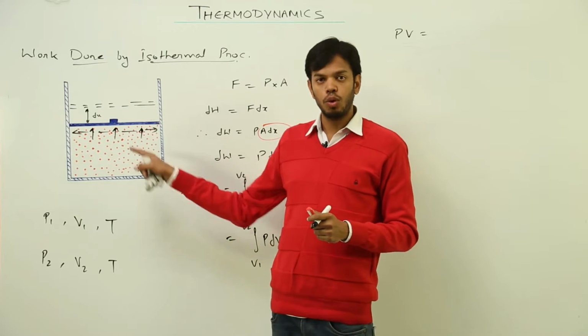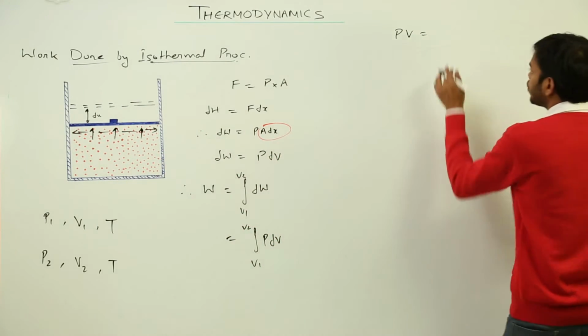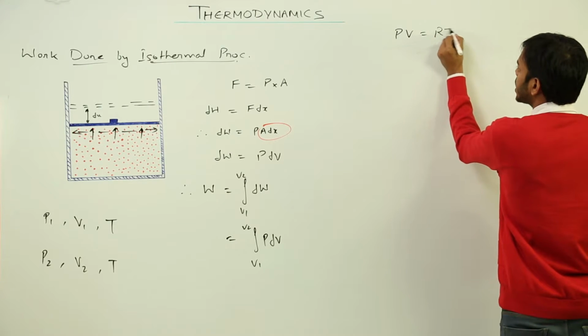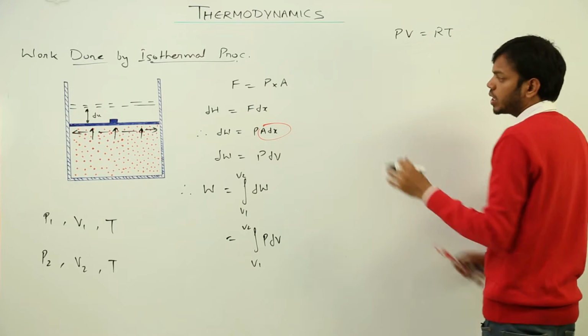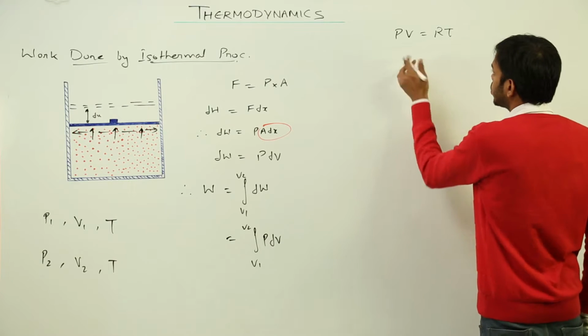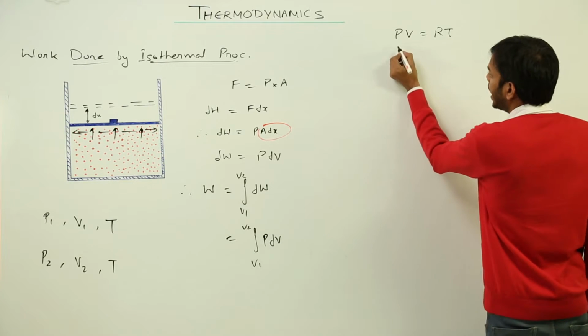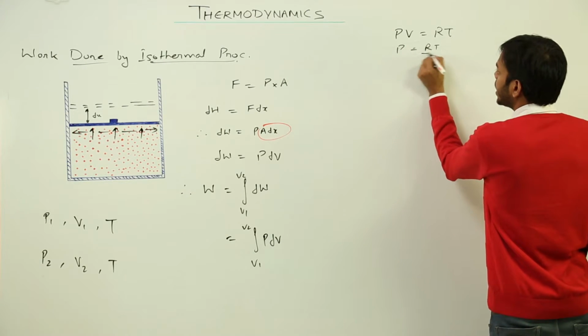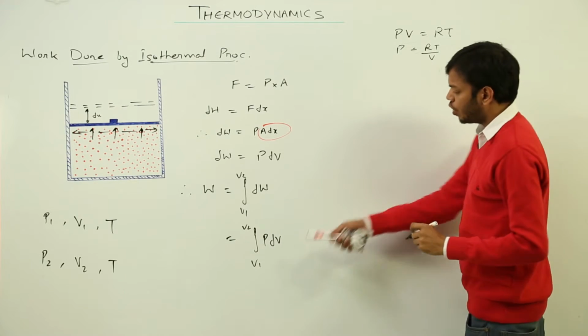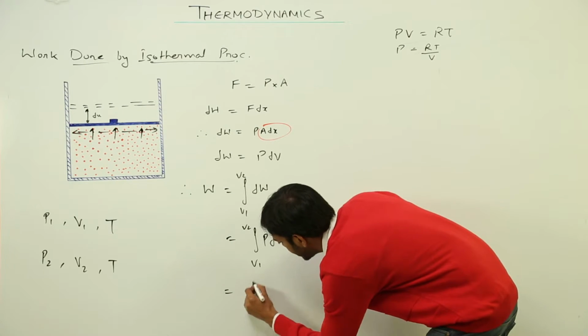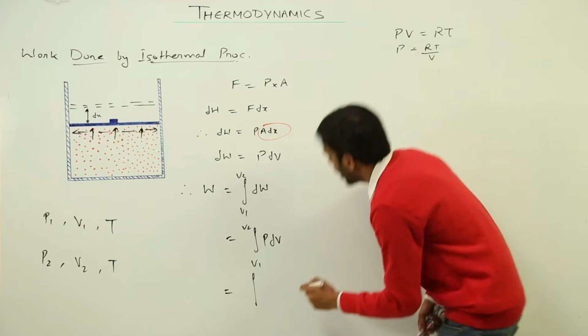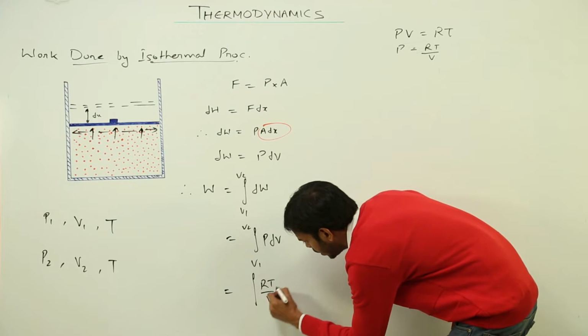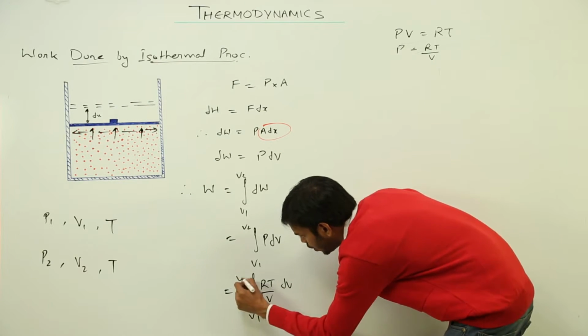We have taken 1 mole of gas in this ideal situation, so n becomes 1. I am left with just R and T. Both are constants because in this case temperature is not changing. So from here I get P equal to RT over V. Put this value of P in this equation. I get, instead of P, RT over V dV from V1 to V2.